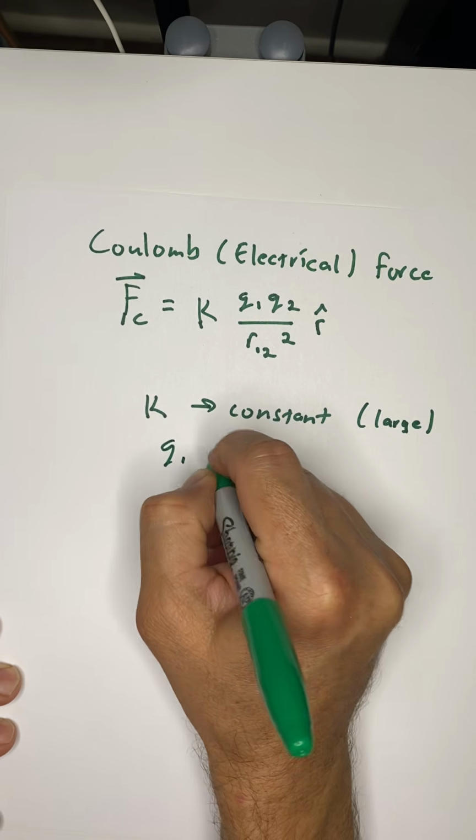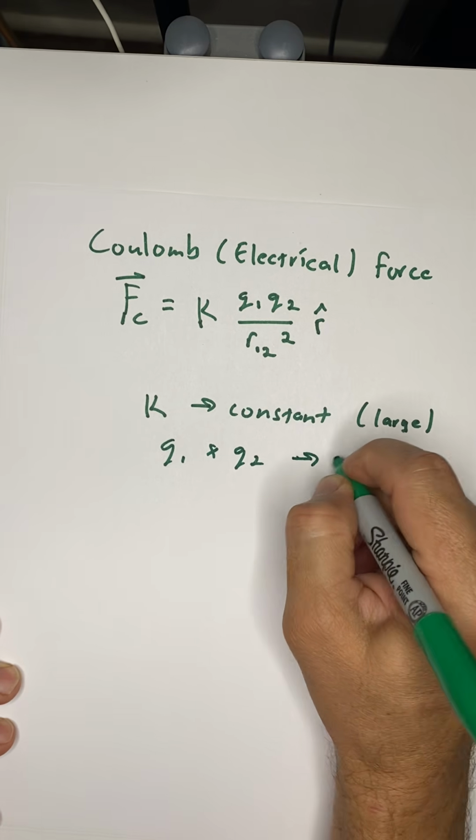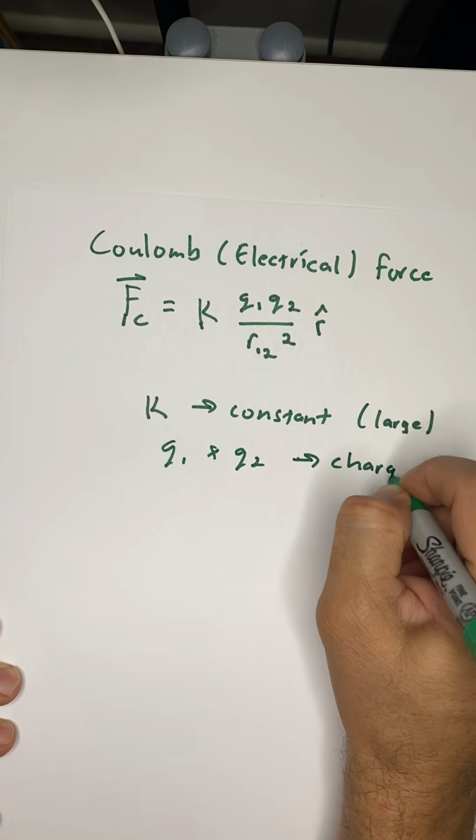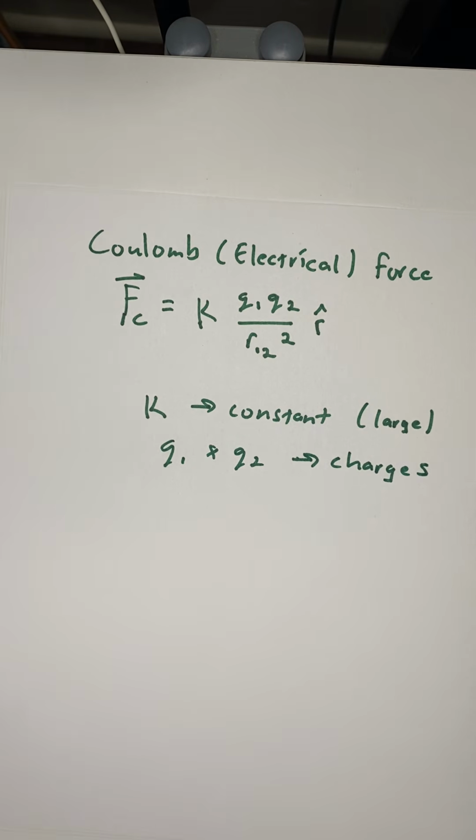Q1 and Q2 are charges. Q is the generally accepted symbol for arbitrary charges, just like M is the accepted symbol for mass. We've already seen a specialized charge, which is E. That is a very special, specific charge, but Q is our general way to represent charges.